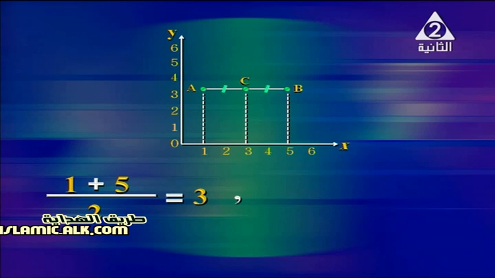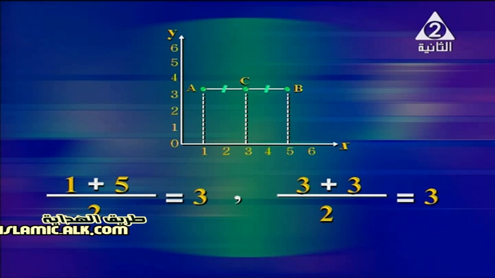Yes, you are going to notice that it is 3 plus 3 divided by 2 to obtain a result of 3. So, we can say that to find the coordinates of the point C, you are going to add x plus x over 2 and y plus y over 2 to obtain the coordinates of the midpoint of AB.